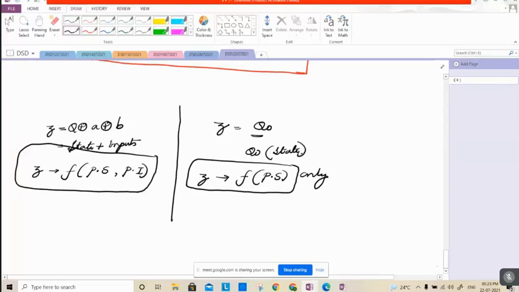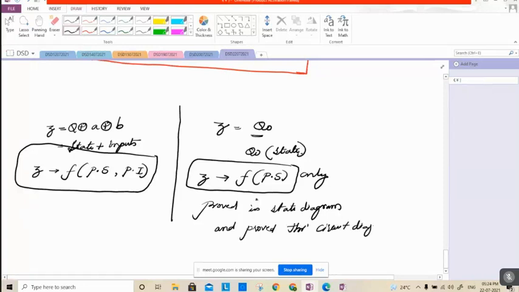Is it clear? And this we have proved in the state diagram and proved through the circuit diagram also.